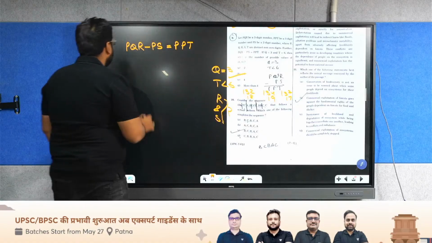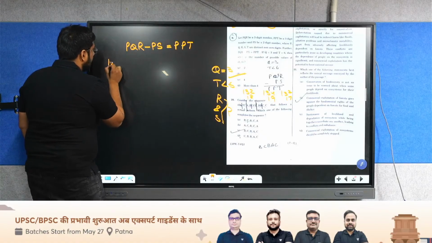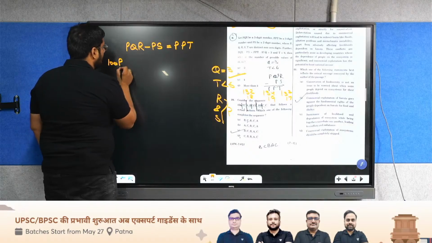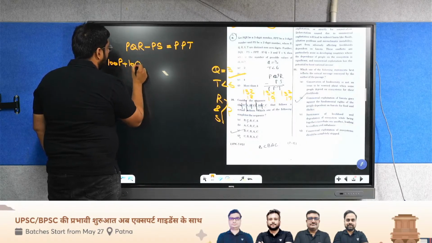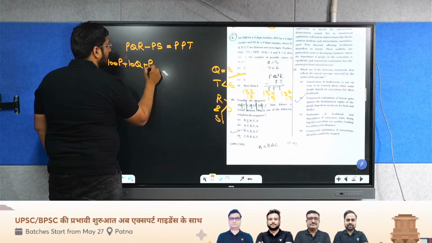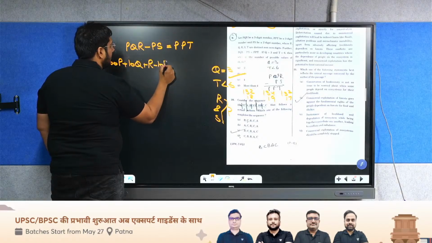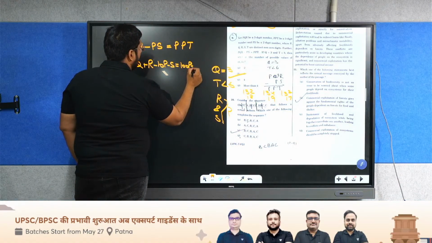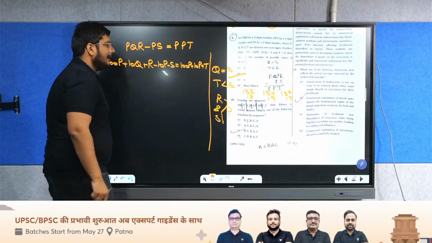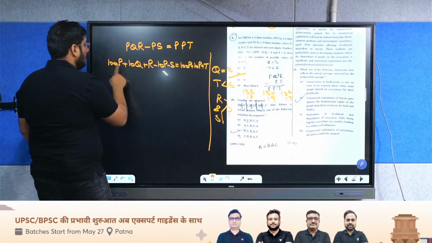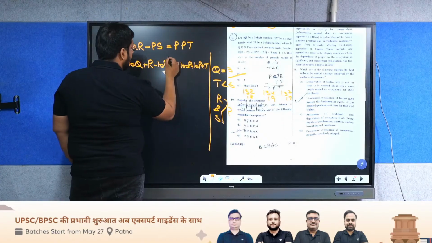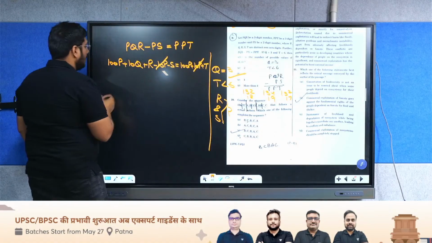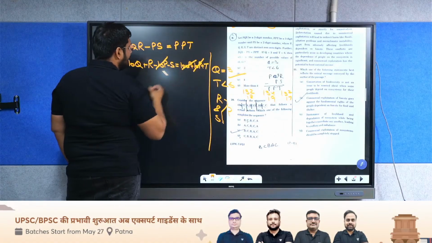Let's see. PQR, I can write as 100P plus 10Q plus R, minus 10P minus S, is equal to 100P plus 10P plus T. I can write it like this. Now, minus 10P and plus 10P cancel out, 100P cancels out.